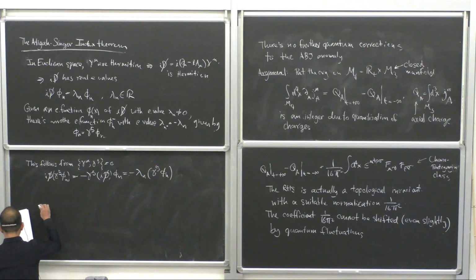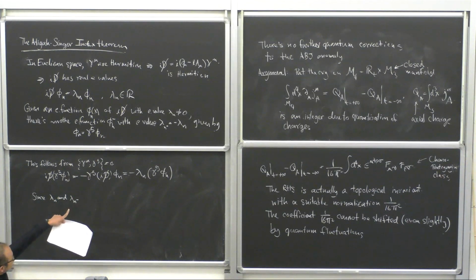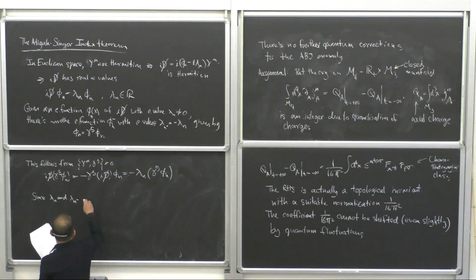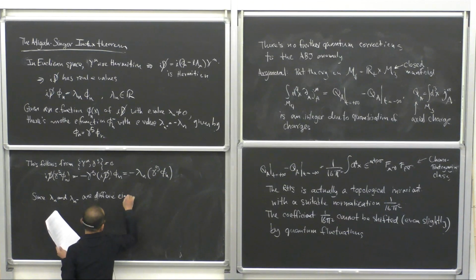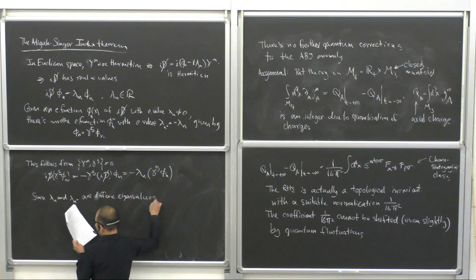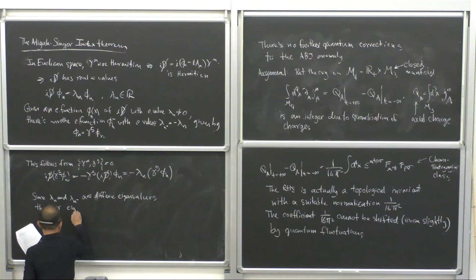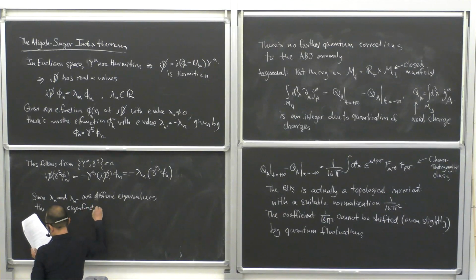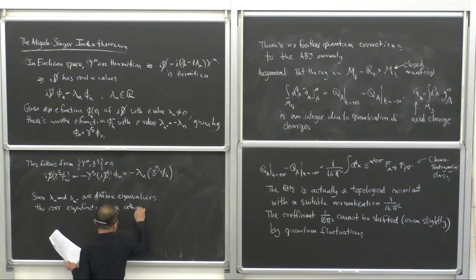Right. Since lambda_n and lambda_n^-, which is just minus lambda_n, are different eigenvalues, the corresponding eigenfunctions are orthogonal.